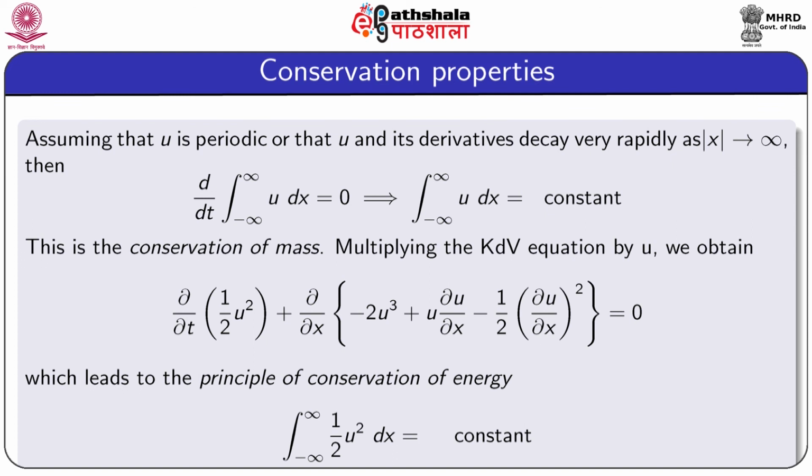Now, if we again integrate this equation with respect to x over the whole real line, we get d/dt of the integral of u square by 2 dx equals 0, or in other words, the integral of u square by 2 dx equals constant. So, this represents the conservation of energy.